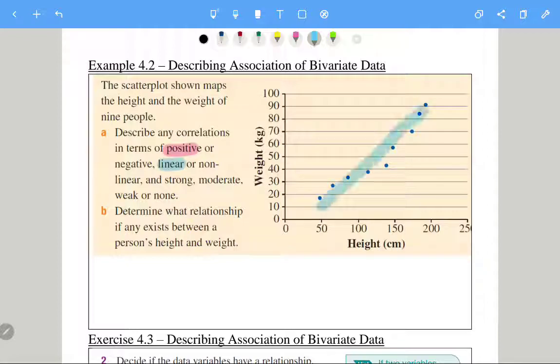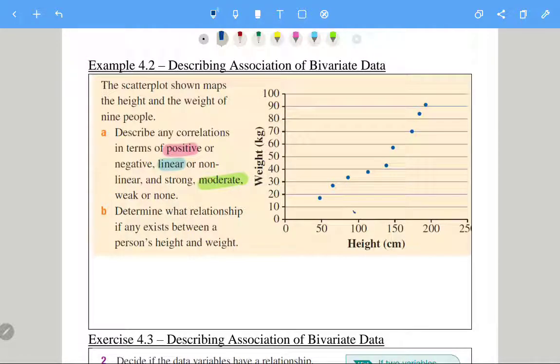But it's not that straight. If I was going to draw a line, I'd have to draw kind of a fatter line just to fit all of the points in it. And so that makes me think that it's probably going to be what we'd call moderate. It's not quite all the way out to here, but it's also not really, really tightly packed.